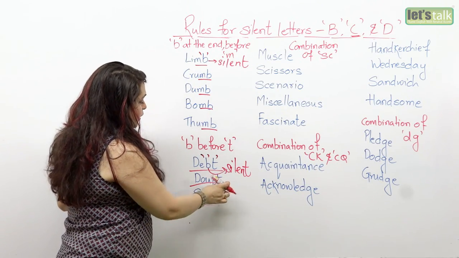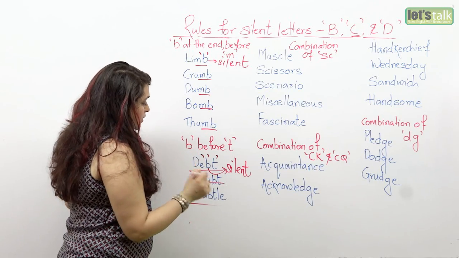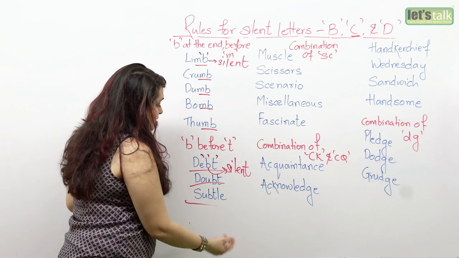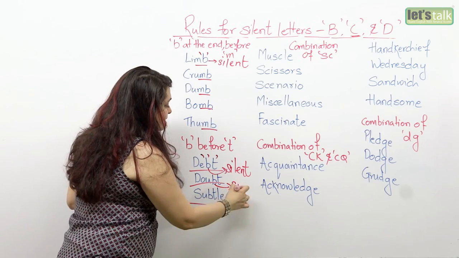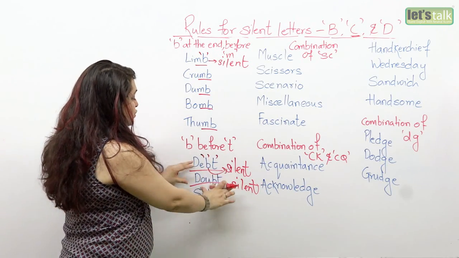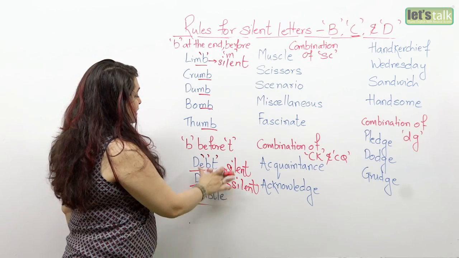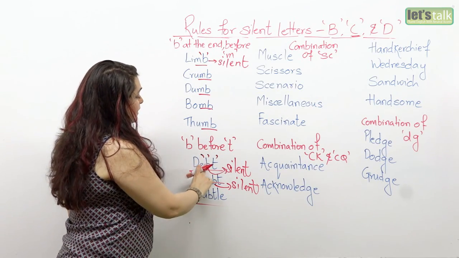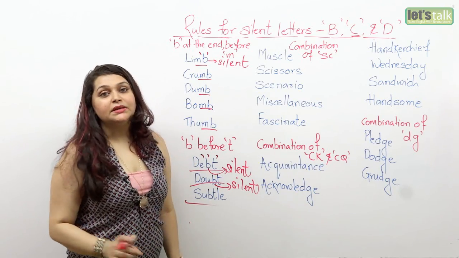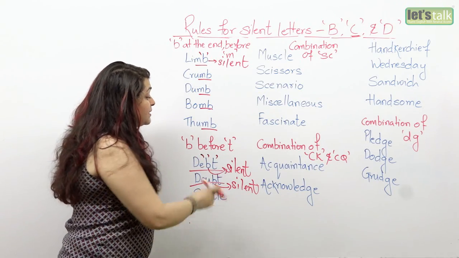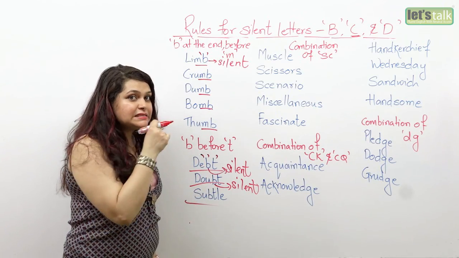Similarly, in this word, when B and T come together, where B is before T and T is at the end of the word, then B is silent. Let's look at these 2 words first because they stand for this rule. D-E-B-T is not "debt" with a B sound, it's debt. Why? Because B happens to be silent.